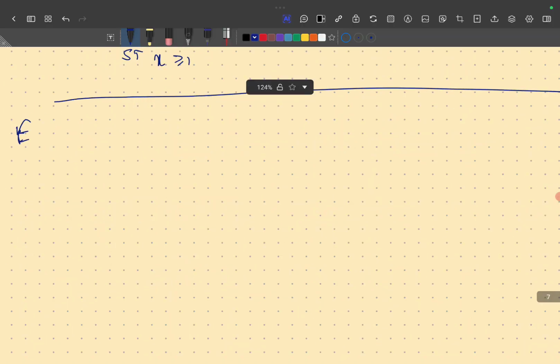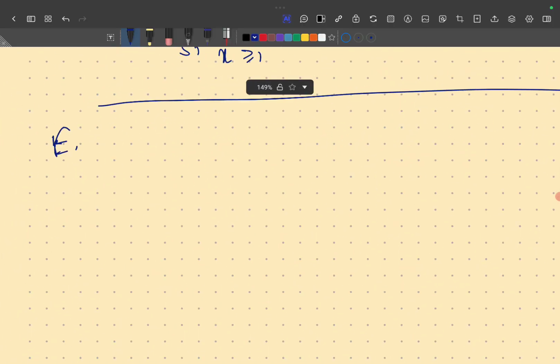Okay, so let's look at another example. Again, I'll start with a simple example just so that we can get some more intuition.